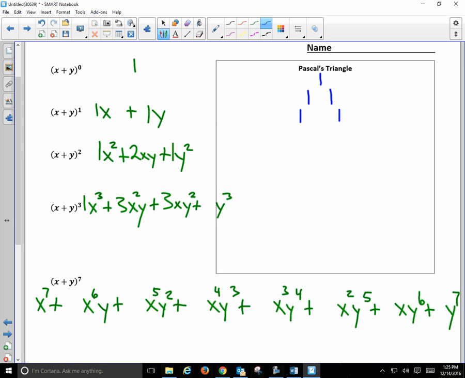So 1 plus 1 is 2. So now I have a 1 on the front and a 1 on the end. And in order to create the middle 2 terms, I will add those together. And what do you get? 3 and 3. So do you see what the next one is?